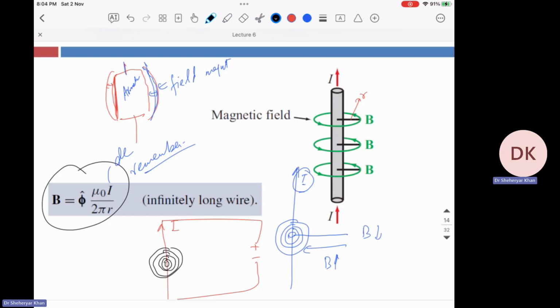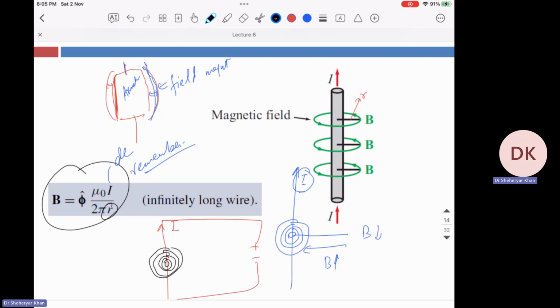The circle that is very close to the conductor has a very high magnetic field. Why? Because of the small radius. If the circle becomes bigger, 1 over r reduces the B, right? That means if your conductor is here and you are moving away, the magnetic field is decreasing, right?